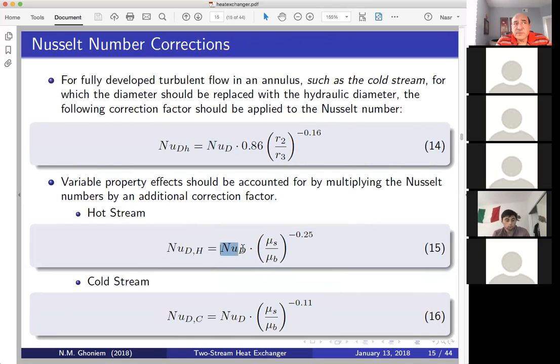So it will be the Nusselt number in the center times the ratio of the viscosity of the water at the surface, S, divided by the viscosity of the water at the bulk. So that ratio is dependent on the temperature. We have to look up the dependence of the viscosity of the water on temperature, then estimate the temperature of the bulk, and estimate the temperature of the surface, and then take that ratio and insert it here. So it gives us a little correction. Similarly for the cold stream.